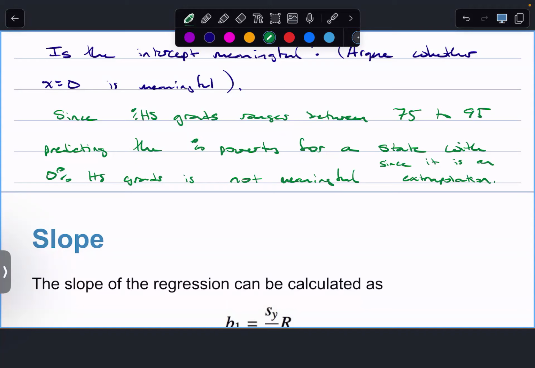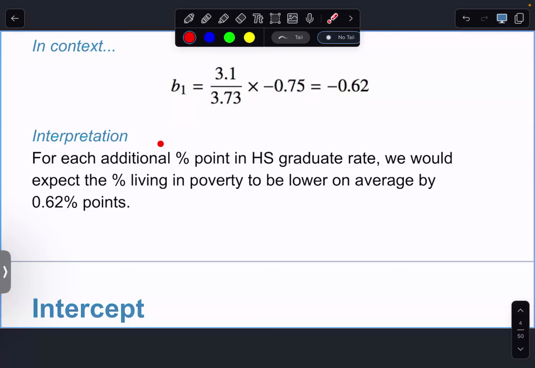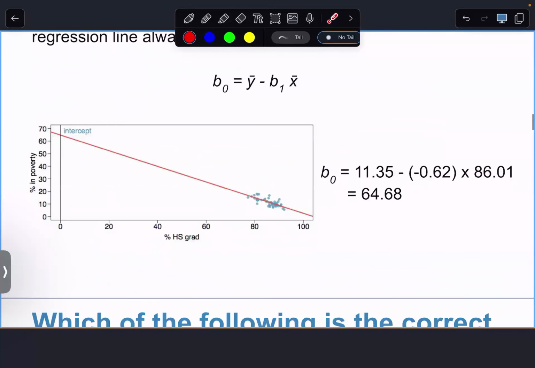Nice. So what we did is summarized on the next few slides, so I'm going to zip through them. They calculate the slope. They interpret the slope. We already did that. They calculate the intercept. They use the rounded value for the slope. We get a slightly different value. That's okay. I'm not concerned about that.